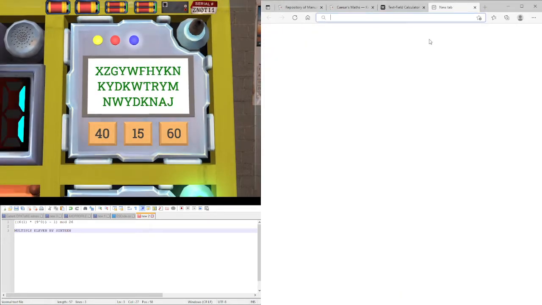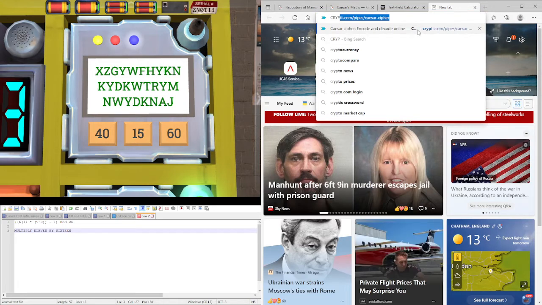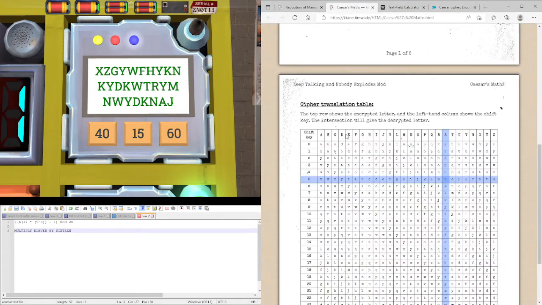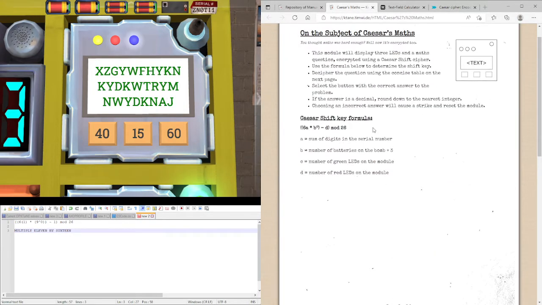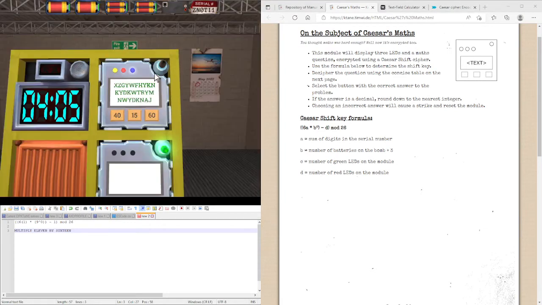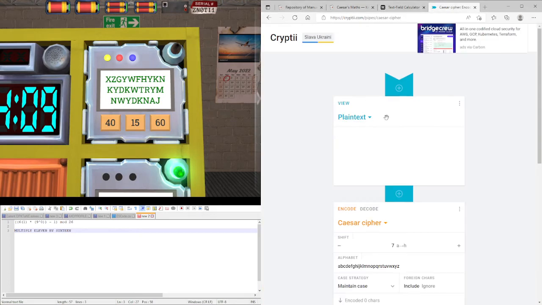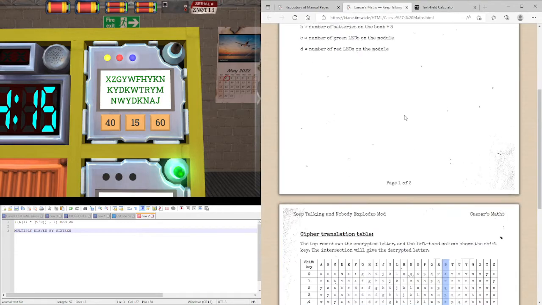And of course, some of you might say, why don't you just use crypty? Sure, crypty makes it so you don't have to find your Caesar shift. So sure, I'm going to do one example using just typing this into crypty. Or will I? No. That just defeats the module.